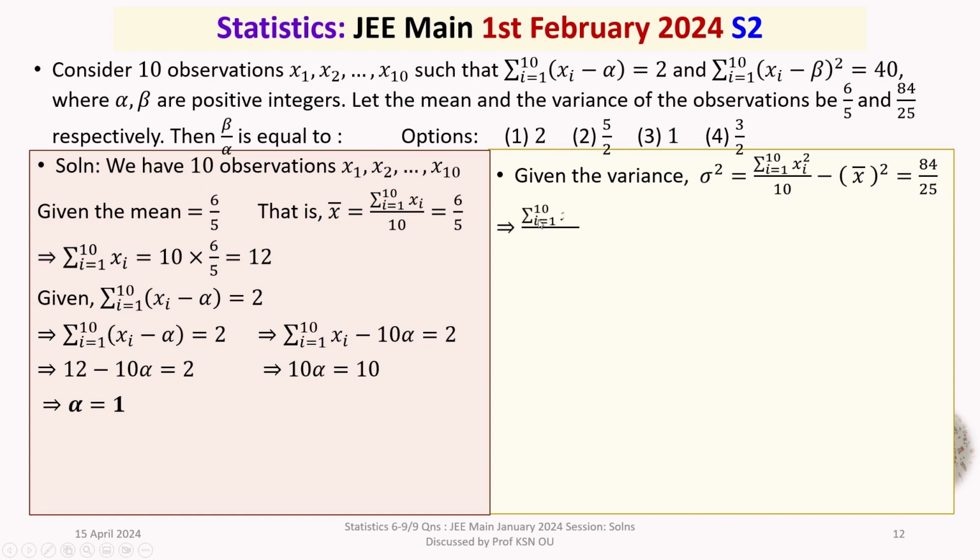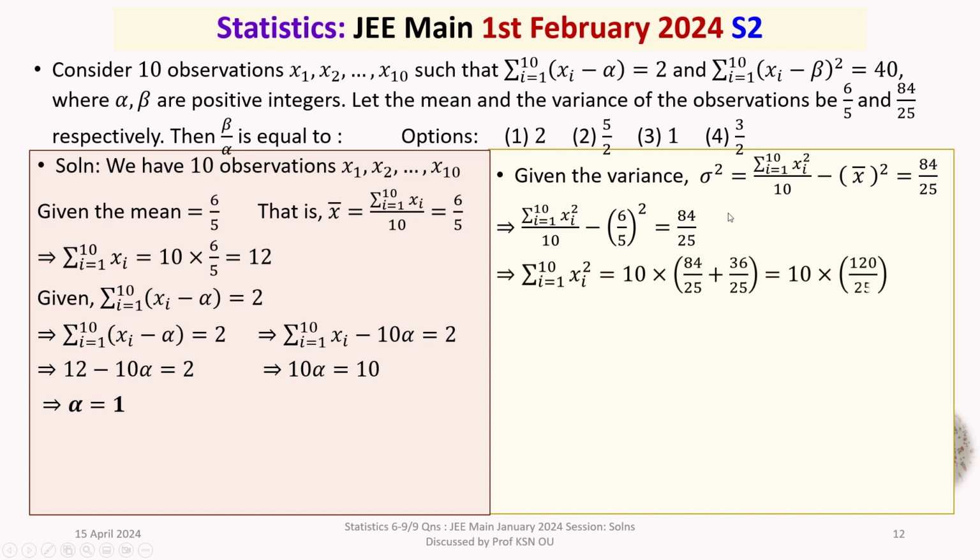So sigma xi square is equal to 10 times 120 by 25, that is equal to 48. So sigma xi square is 48.